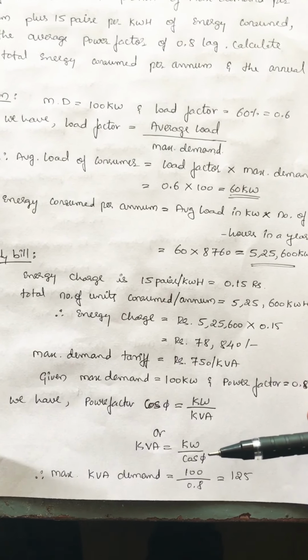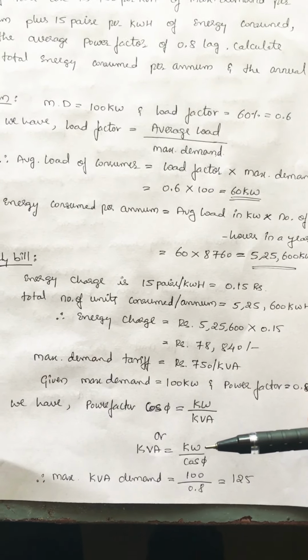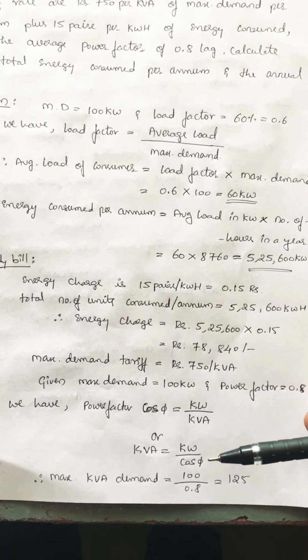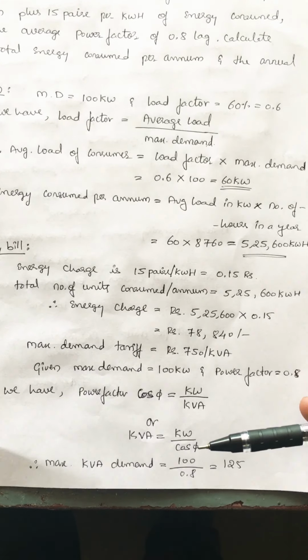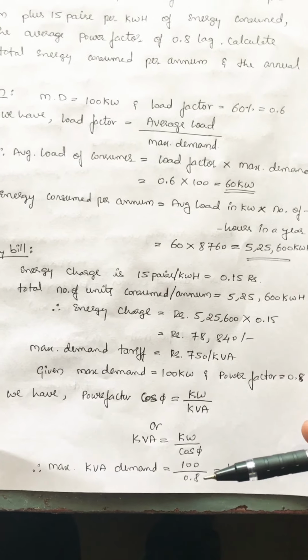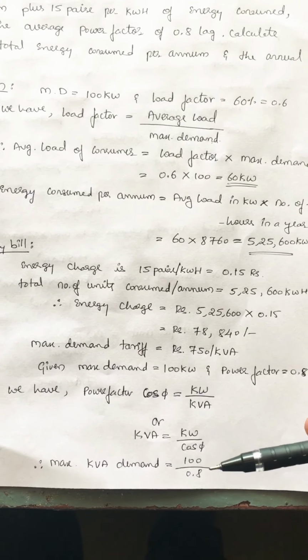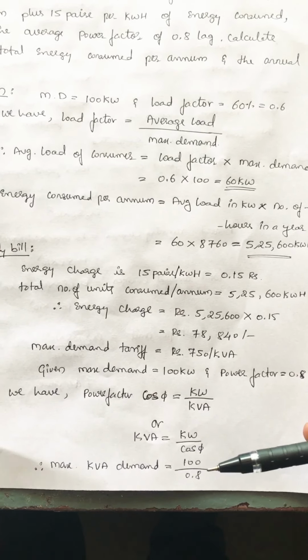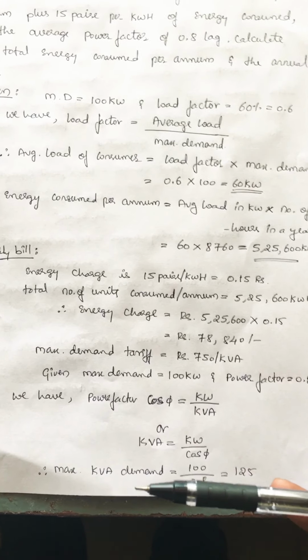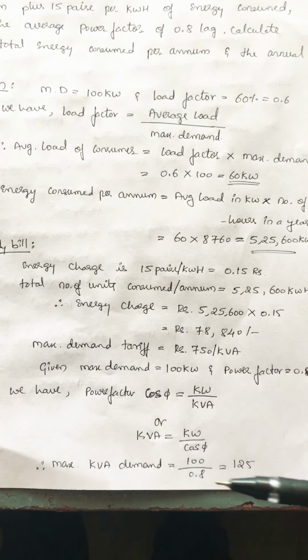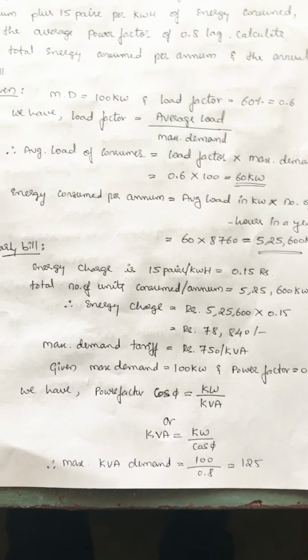We know the maximum demand in kilowatt is 100, and the power factor, cos phi, is 0.8. Once we substitute the values of maximum demand and power factor, we will get the maximum kVA demand, that is 125.